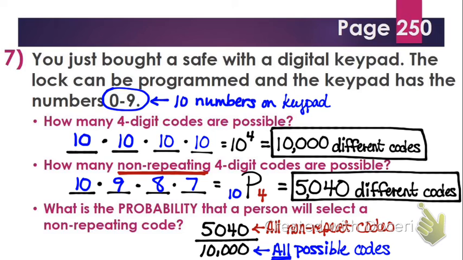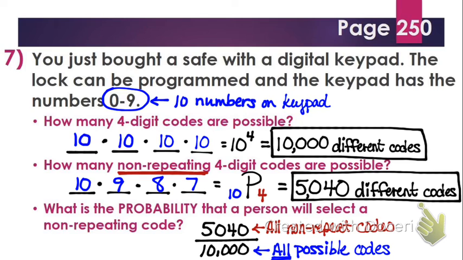And just to get it out of the way, why can't we reduce to 504 over 1,000? Oh, you absolutely can. You can reduce that down. Probabilities, again, just to repeat, and I'll say this many, many more times, probabilities are the only time that I'm not going to insist that you reduce your fraction.